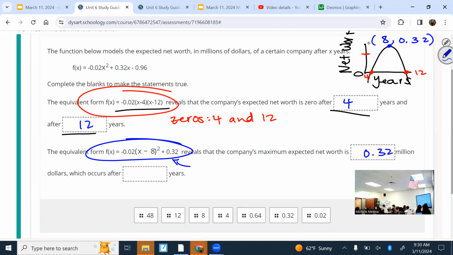Because if this is my vertex, X is for years, Y is for net worth. This is my maximum net worth right here, the 0.32, which occurs when? After 8 years. Okay, so you're identifying the zeros, identifying the vertex, and interpreting it. When in doubt, graph it, see what you can figure out logically speaking.